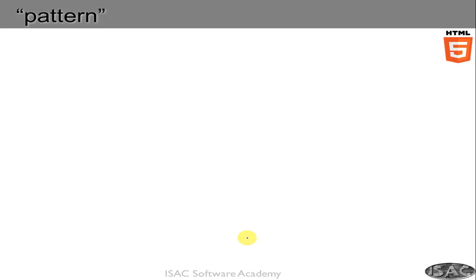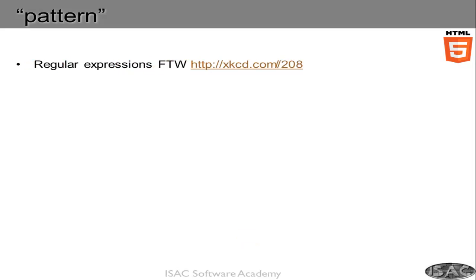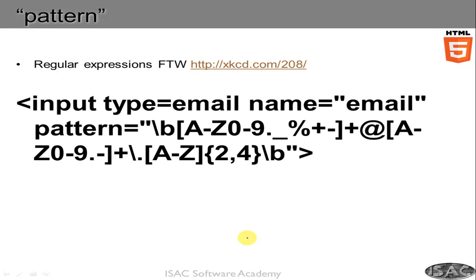Now the next input element attribute is called pattern. What pattern means is, it is a concept of regular expression. You can go to this link and see it. I want that email, type is email, name equals to email, and I want to allow only these characters, capital A to G. I want only 0 to 9, dot, underscore, percent, plus, and hyphen.